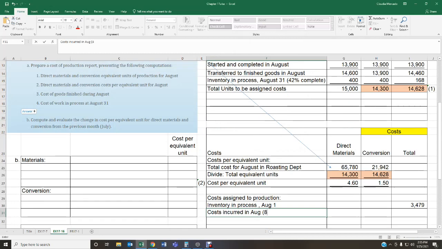Okay, so that's going to be 65,780 plus 21,942.